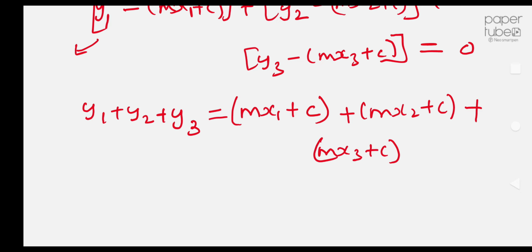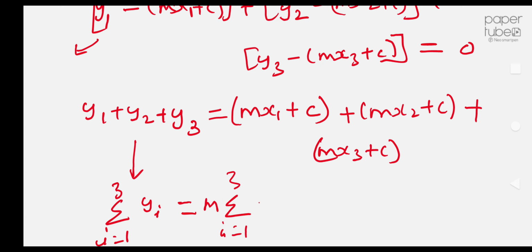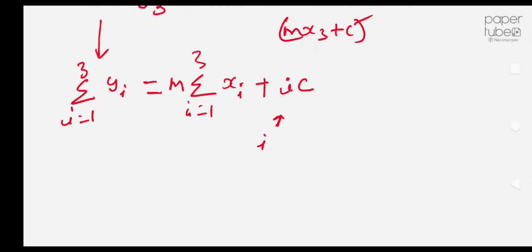I'm going to write it as summation i equals 1 to 3 of y of i, which should be equal to m multiplied by summation i equals 1 to 3 of x of i, plus, we have 3 c's, 1, 2 and 3. In this case you have 3 experiments, so it will be 3c.